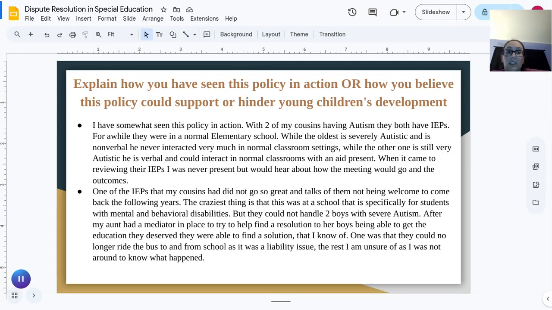While the other one is still very autistic, he is verbal and can communicate a little better. So he could interact in normal classrooms as long as there is an aide present to communicate with him and for him. When it came to reviewing their IEPs, I was never present, but I would hear about how meetings would go and the outcomes.